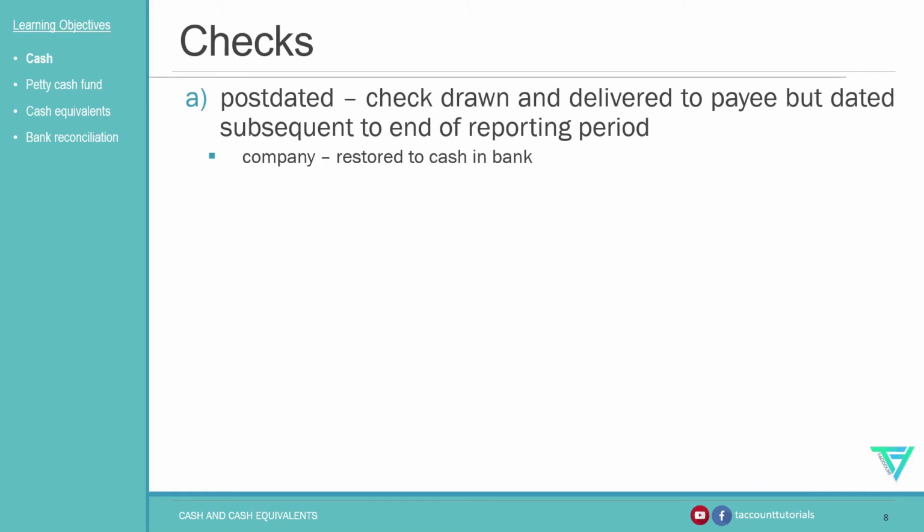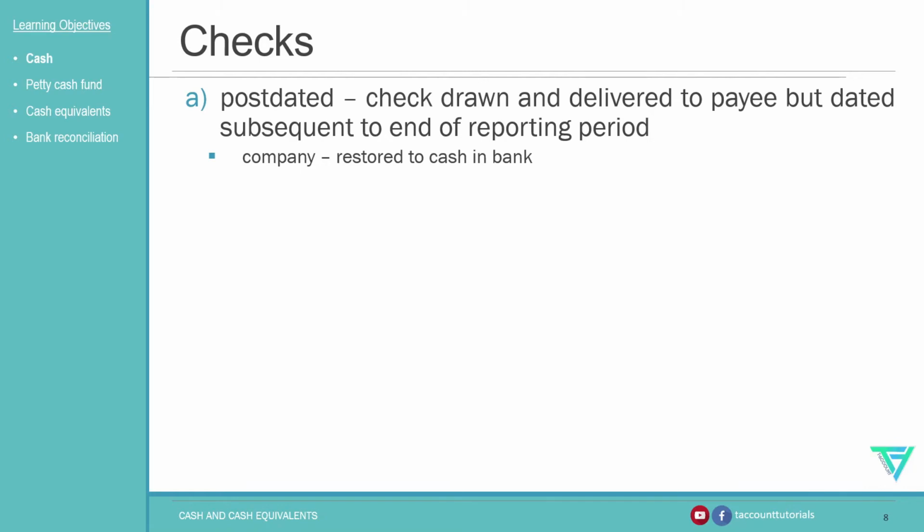So it will require an adjusting entry at the end of the reporting period to restore the check to cash in bank. Later I will explain why companies post-date checks or draw checks in advance.